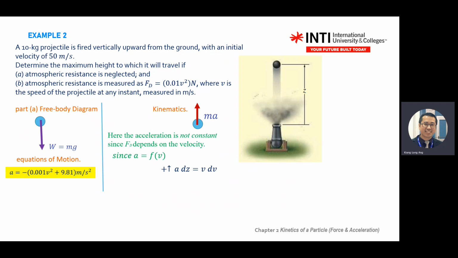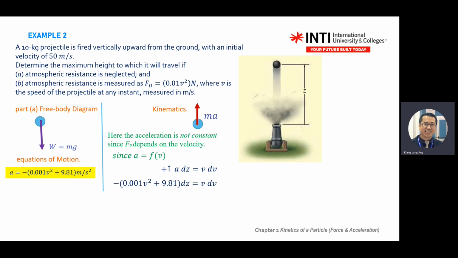So when we freeze the time, we can relate acceleration and velocity. You put in the acceleration equation just now, minus something, dz, v dv. You see dv on one side, dz on the other side.